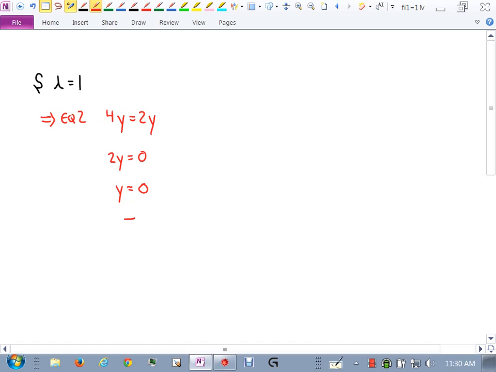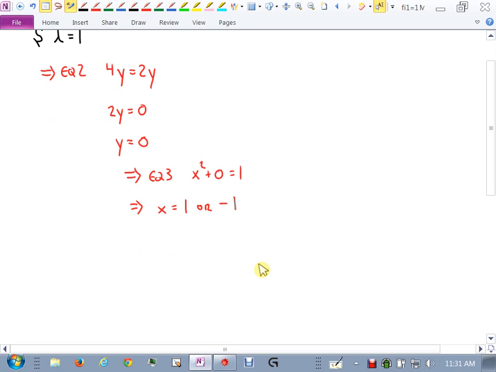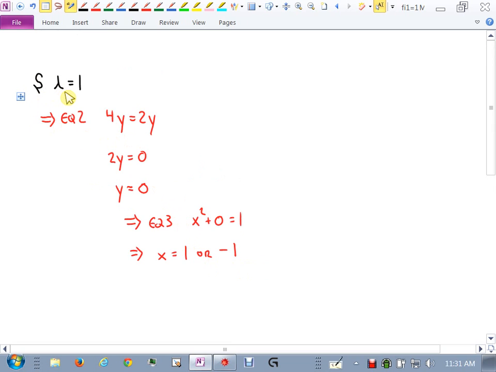So this implies from equation 3, x squared plus y squared with y equal to 0 must be equal to 1, which implies that x must be 1 or negative 1, right? So I've got lambda's 1. That forces y to be 0. That forces x to be 1 or negative 1. So now I have to look at both of those cases.